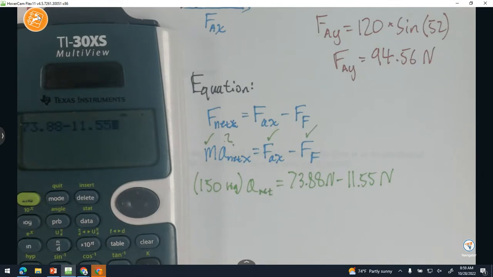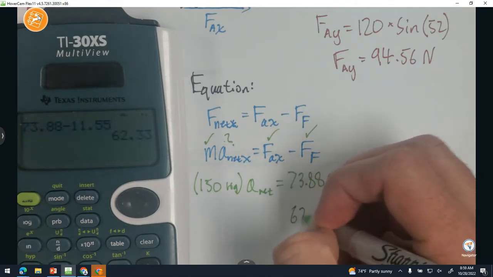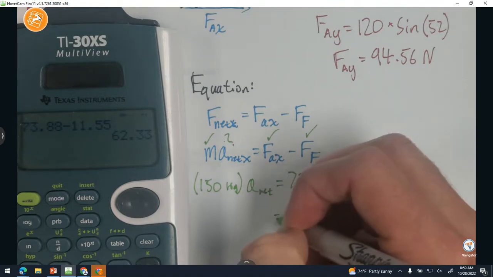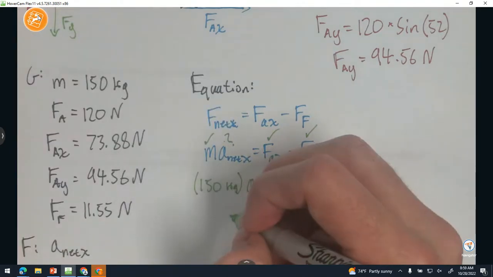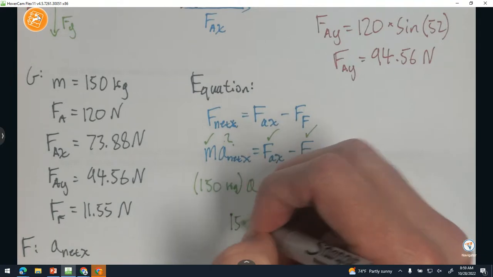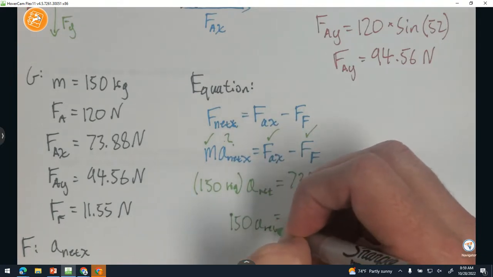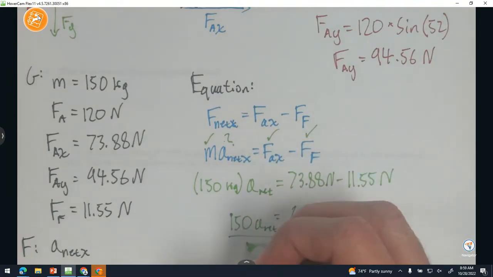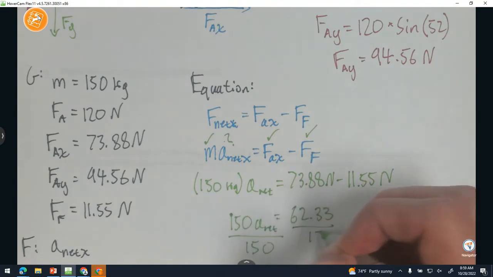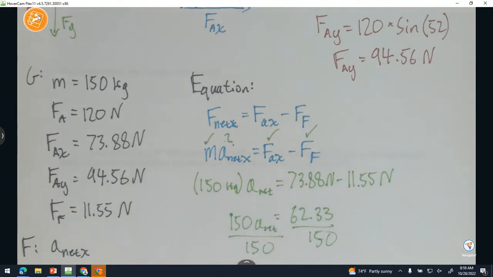Do 73 minus 11, so I get 62.33 equals 150 times A. I divide 150 on both sides.